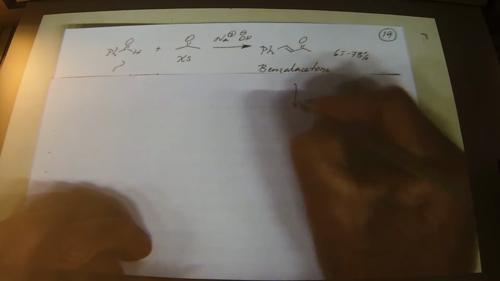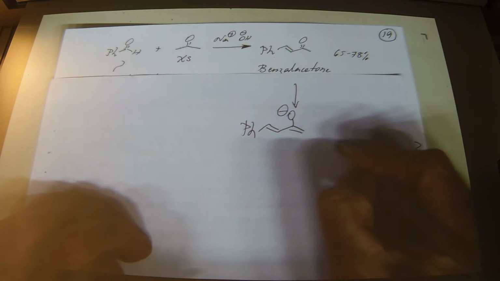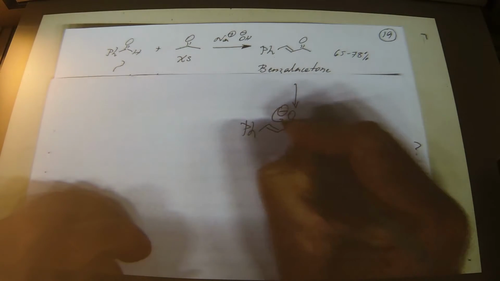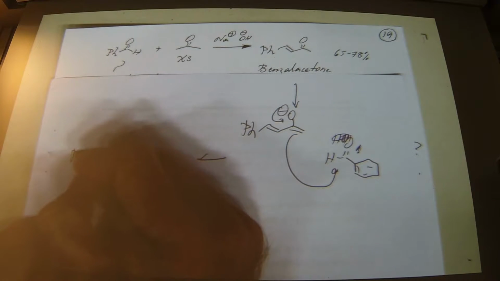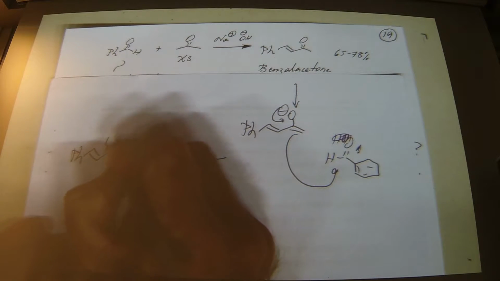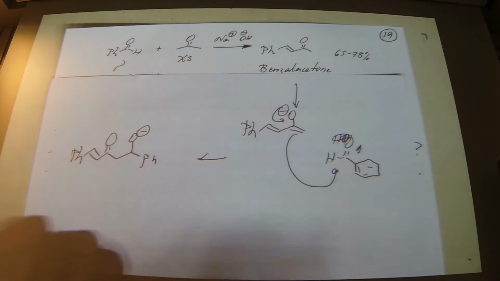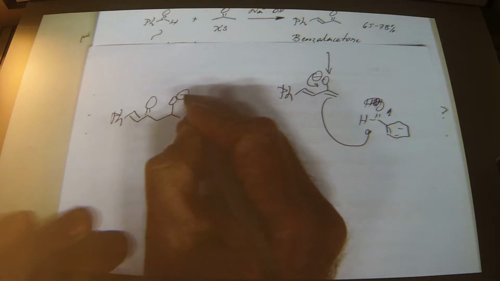So if this thing enolizes, look what happens. And then if that sees benzaldehyde, that's going to form that as your initial product. And then with base, proton transfer, proton loss, elimination.